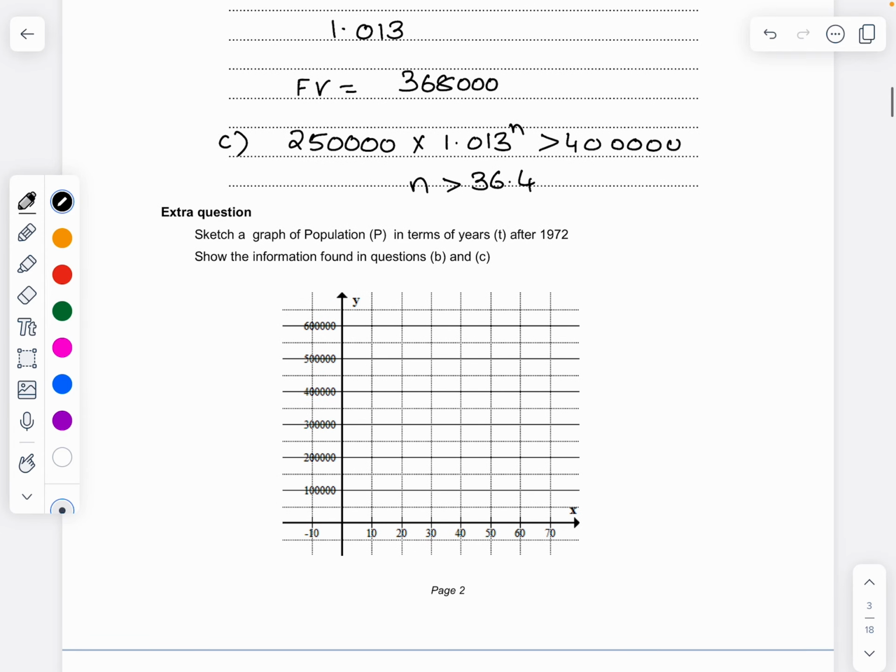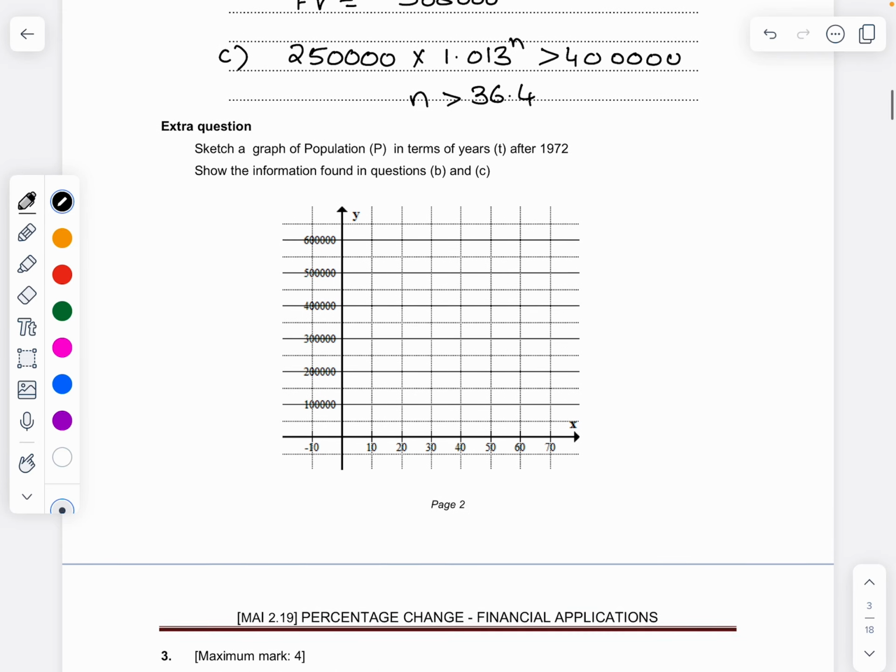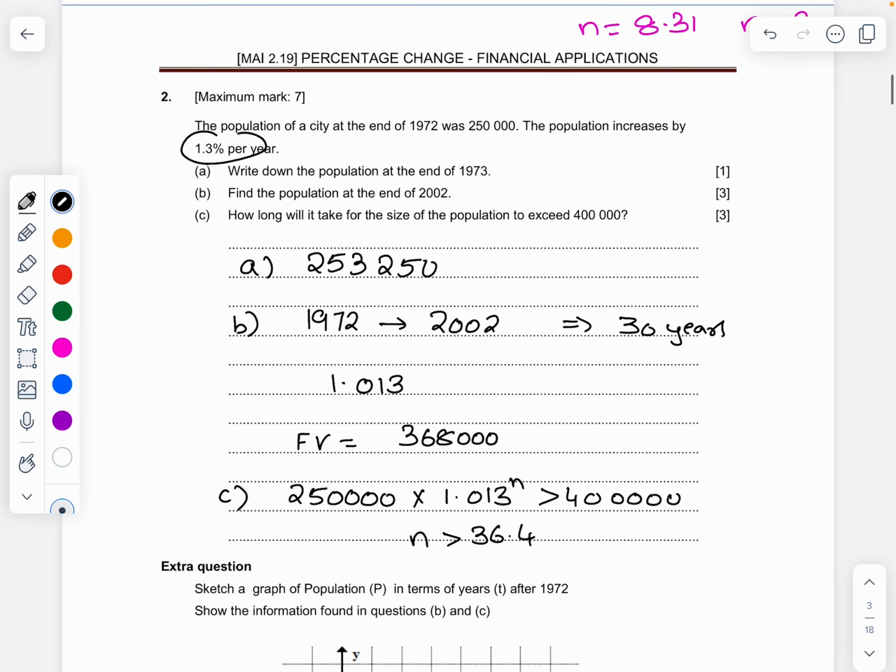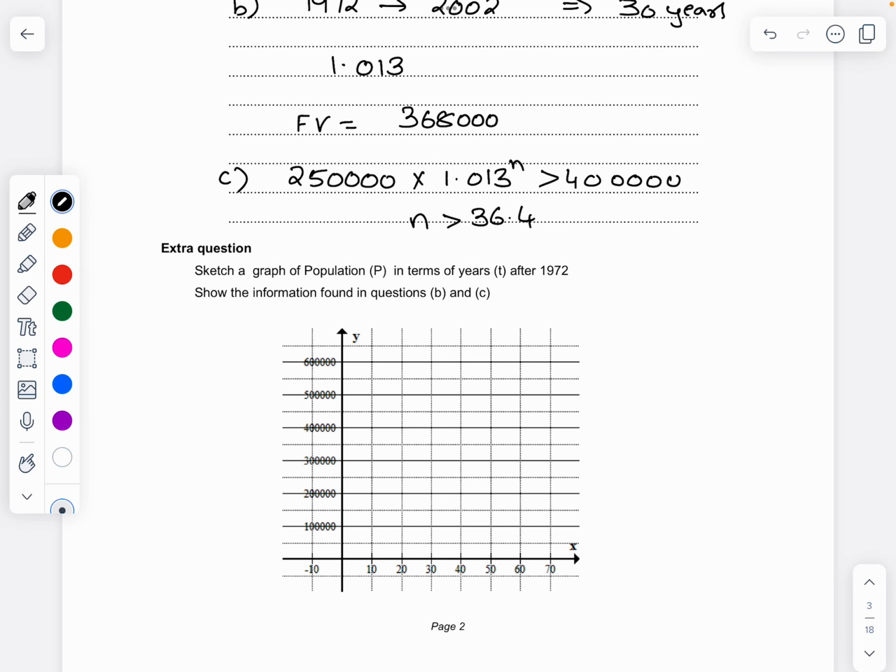Sketch the graph of population in terms of t after 1972. Show the information from part B and C. Initially the population is 250,000. At 0 it was 250,000, so somewhere over here.